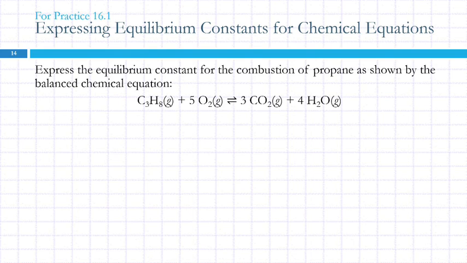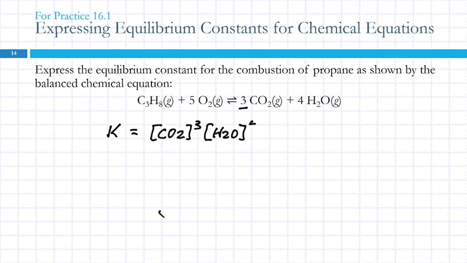Express the equilibrium constant for the combustion of propane as shown by this balanced chemical equation. So the equilibrium constant is equal to the concentrations of the products. So we're going to have CO2 to the 3rd power because of that coefficient, and H2O to the 4th power.